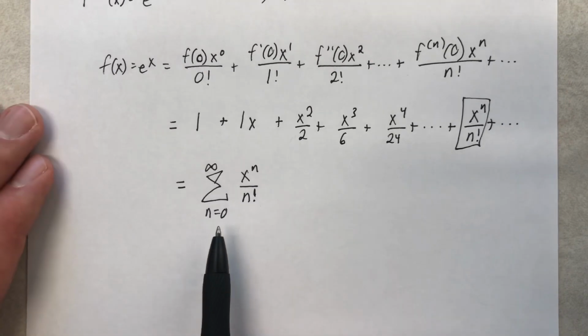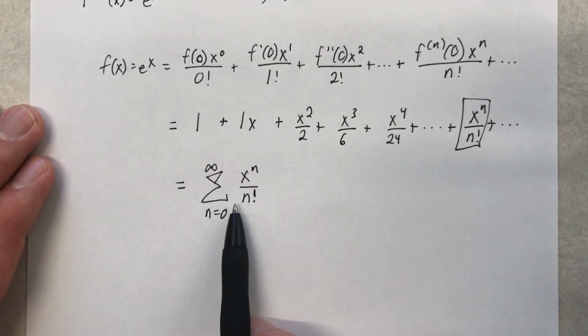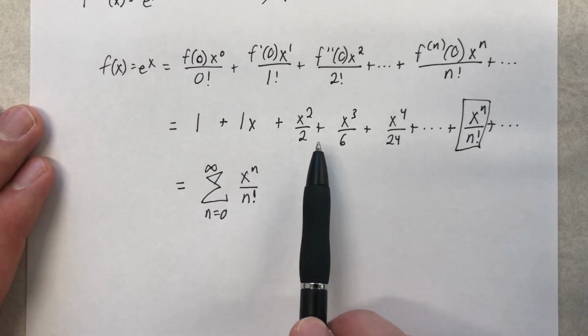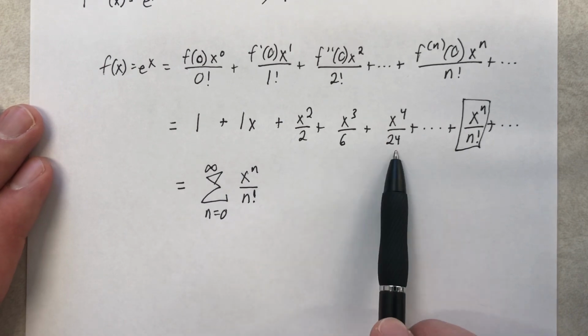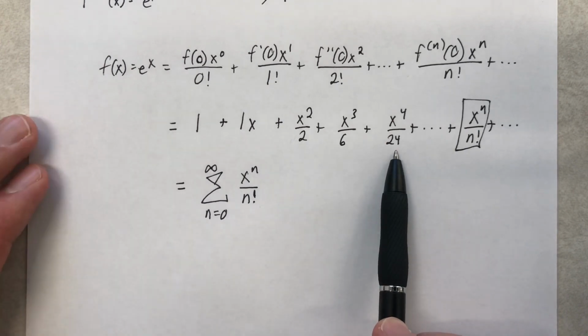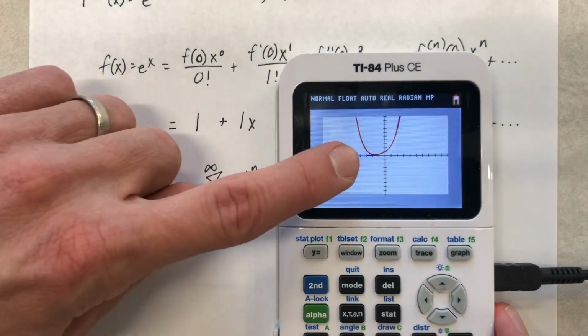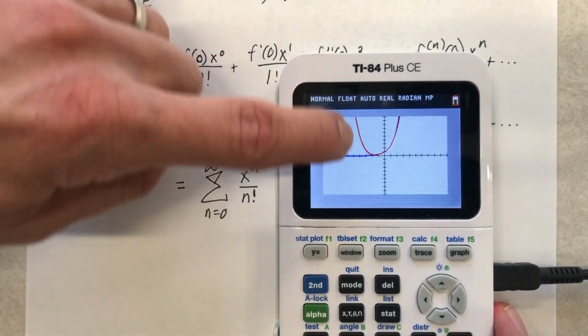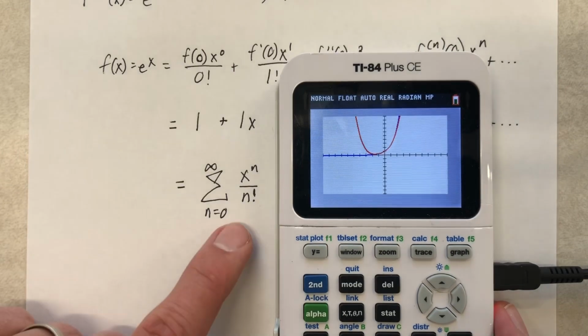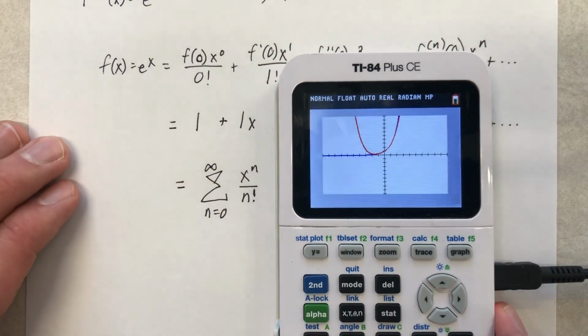If I added up an infinite number of terms, I'd get this, and this, and this, and this, and this. And we saw that it was accurate to a point, and then another, and then another, and then another. And then all these discrepancies that become really obvious over here disappear. The further out you go, the more accurate it's going to be.